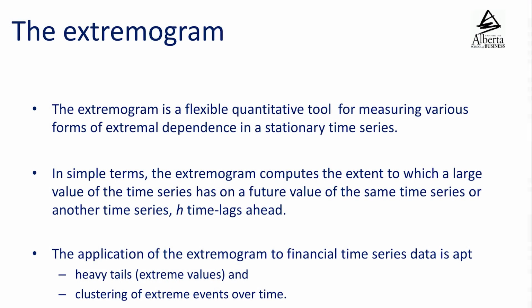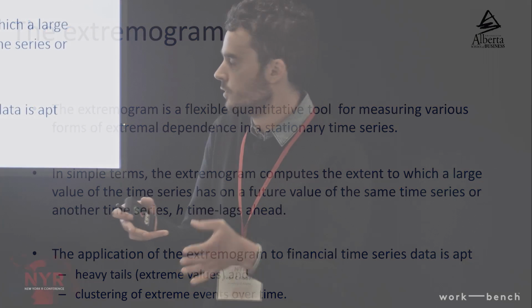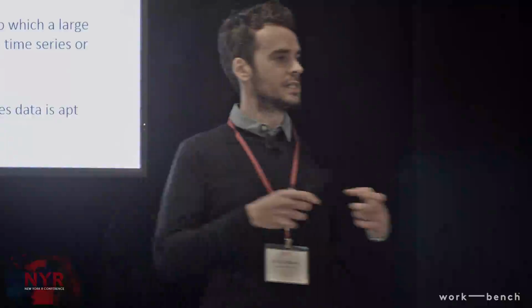So we're going to consider a new statistical methodology called the Extremogram. It's kind of like the periodogram or the autocorrelation function. It's the extreme value analog of the ACF, okay? The ACF looks for linear dependence at the center of the distribution. The extremogram only considers events that are occurring in the tails of the distribution, okay?